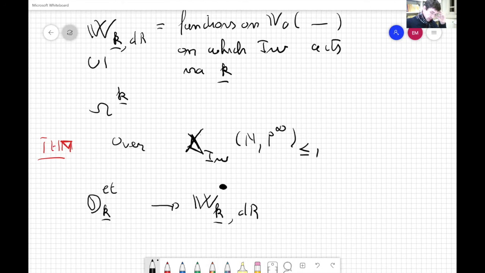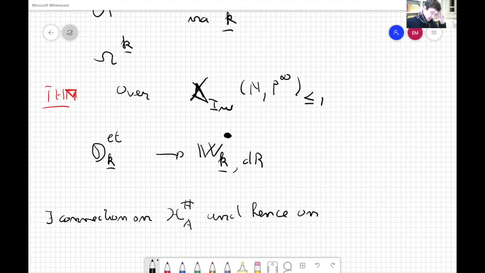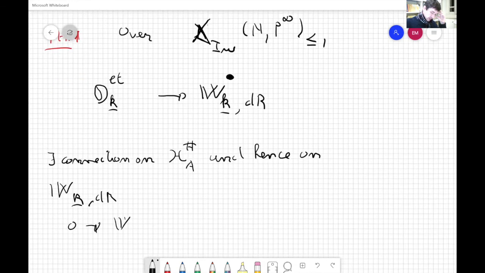where actually here I forgot to mention, so there is a connection on H sharp, and hence on this WK de Rham that gives a complex actually.